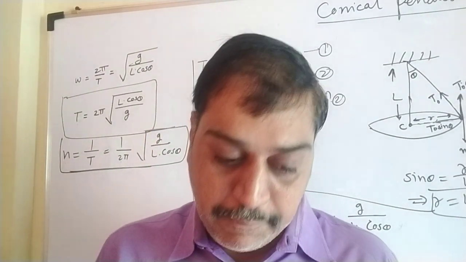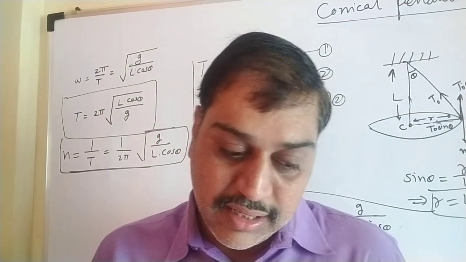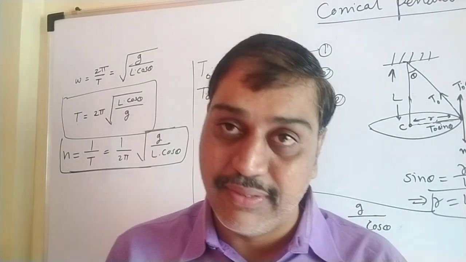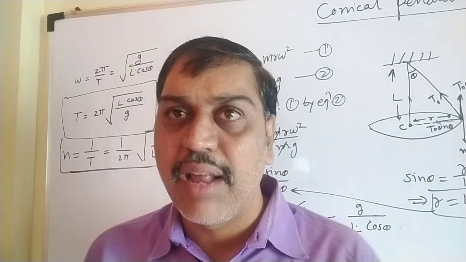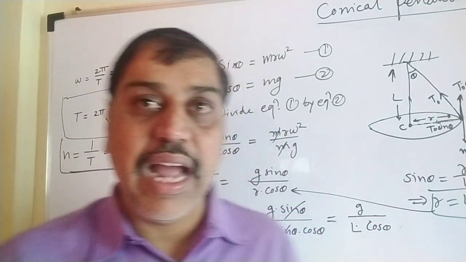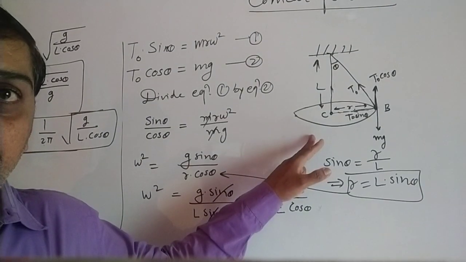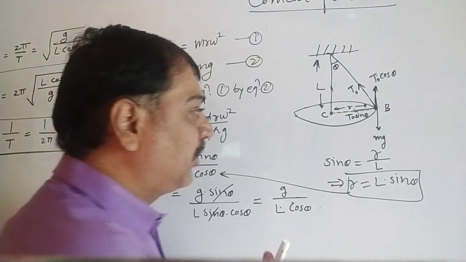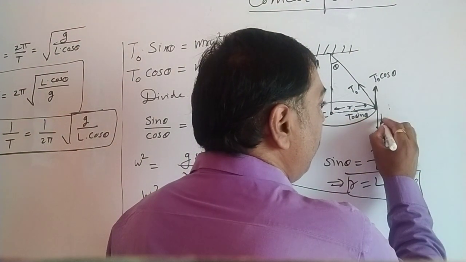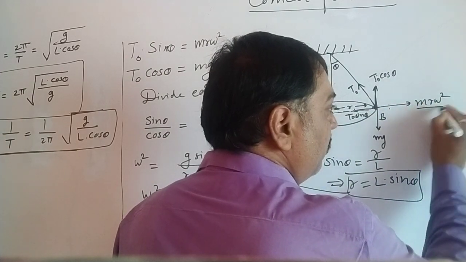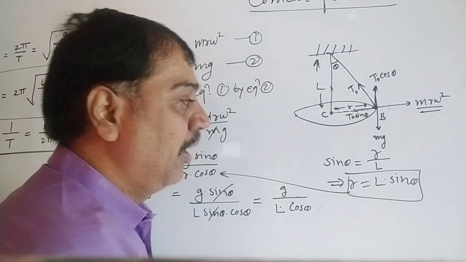Just there is one equation at the last of this topic. They have mentioned the total force equal to T0 sine theta equal to m r omega square. So in your book there are two diagrams they have given. The 1.9a I have drawn here. 1.9a, 1.9b. What is the difference there? They have mentioned here it is m r omega square moving away. So this is centrifugal force, and this is centripetal.